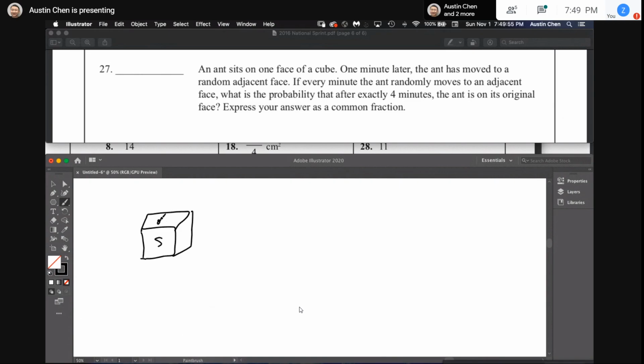And then where can it go? It can go back to the start, to one of the side faces, and to the opposite face over there. Okay, so let's look at the side face first.